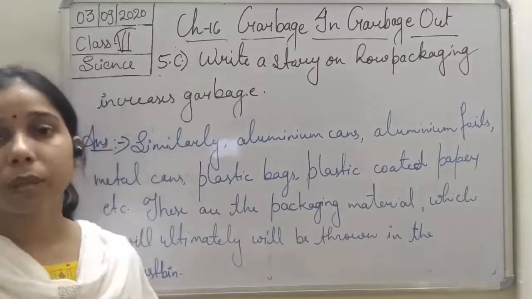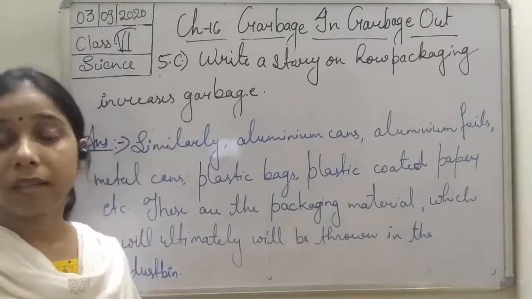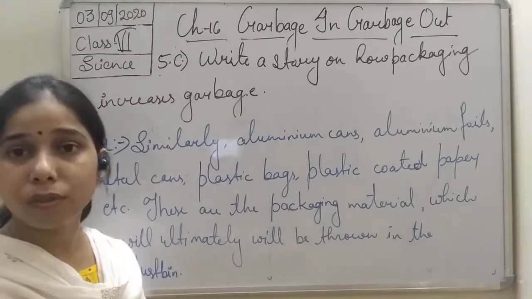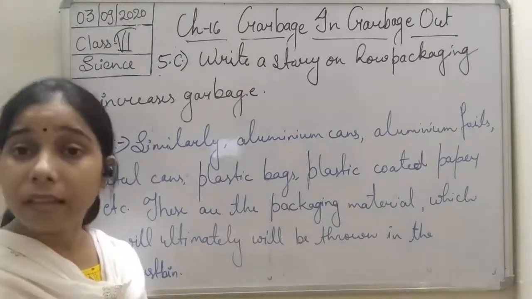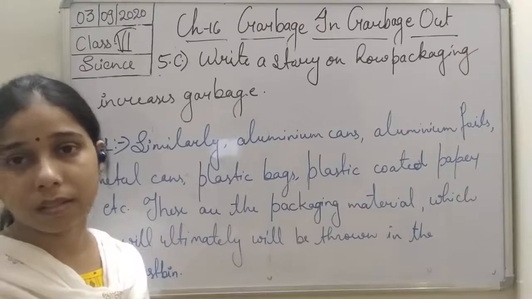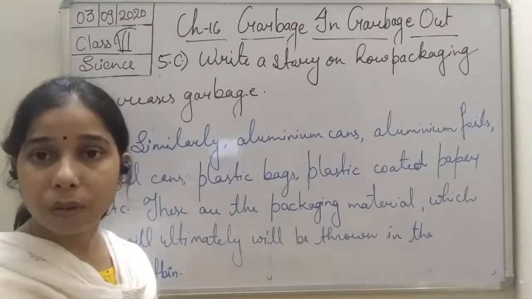So these are the different examples by which we can say that after the use of the material which is present inside it, we will throw the packaging in the dustbin, which will increase the amount of garbage.